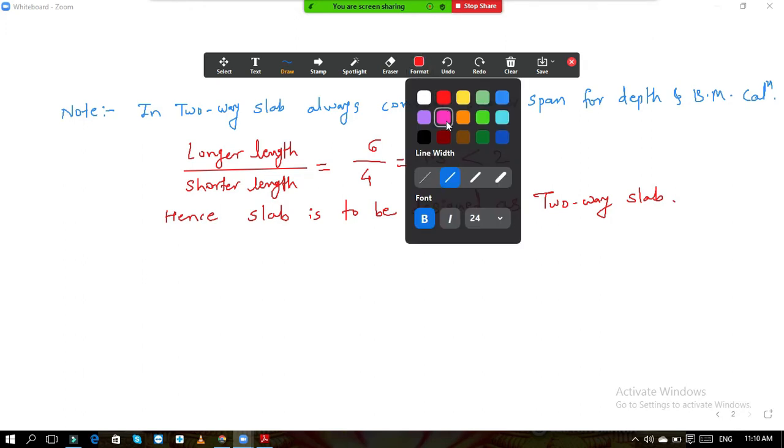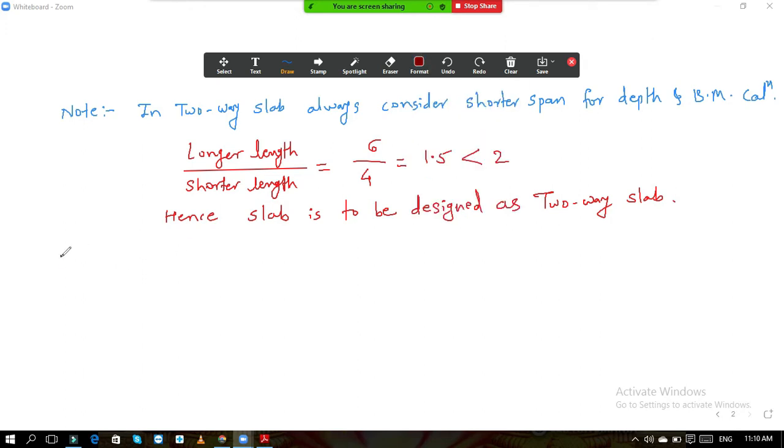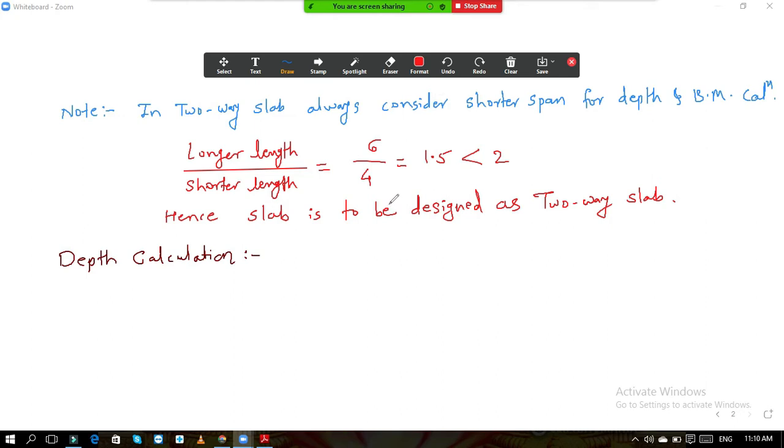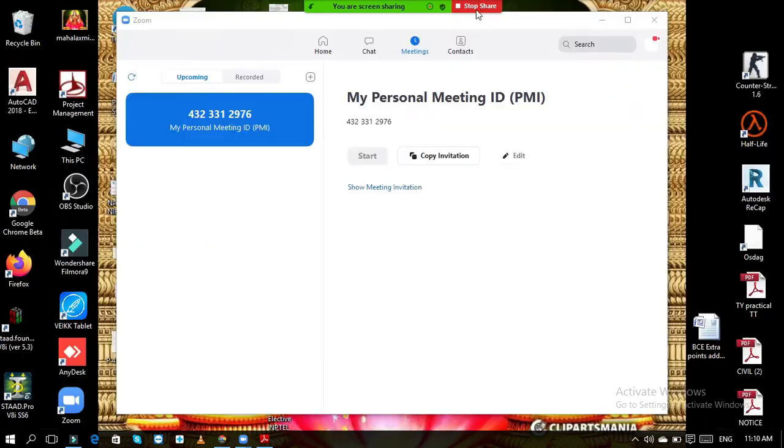Next thing is the depth calculation. This is also an important point. For the depth calculation, we will see what is given in the IS code, and then accordingly we will calculate the depth. For that we will move to the IS code.